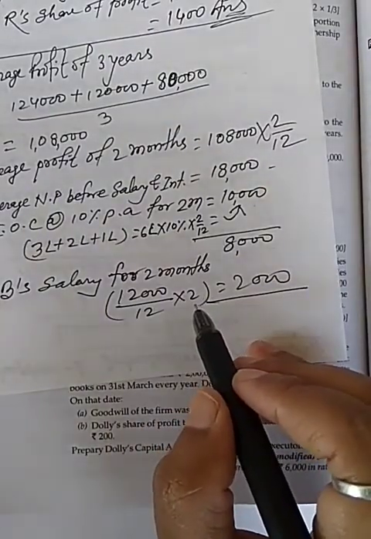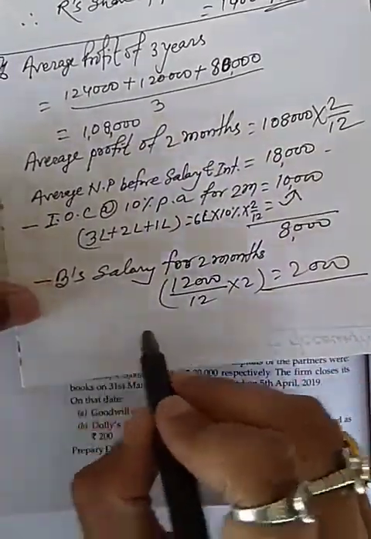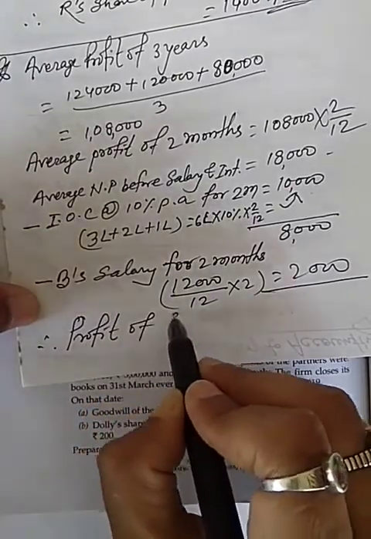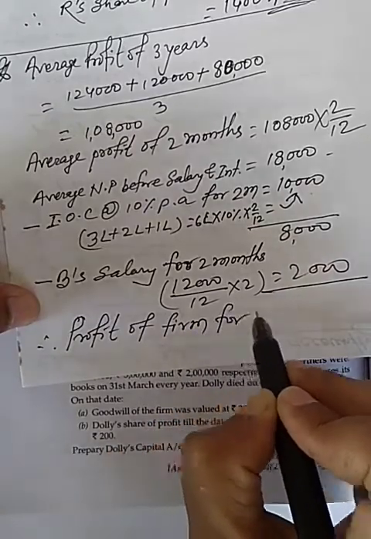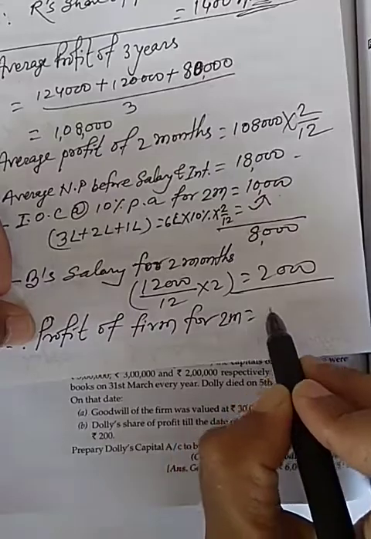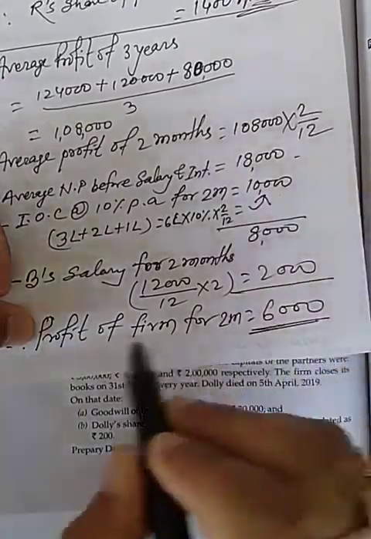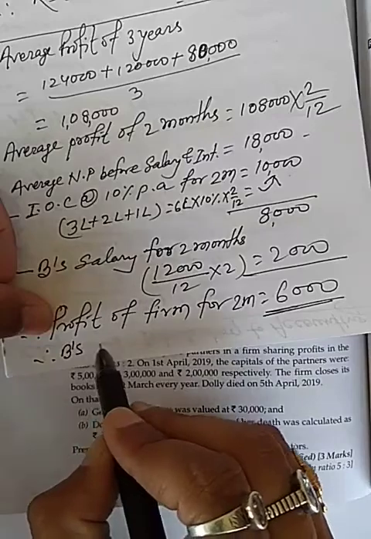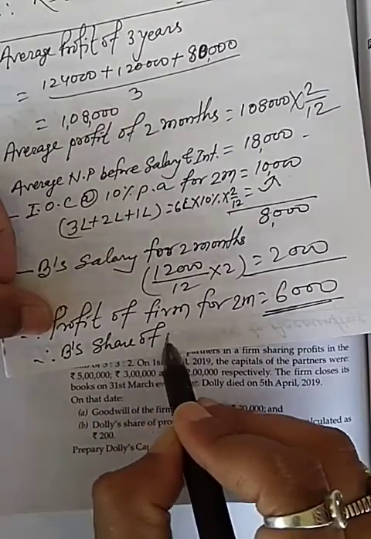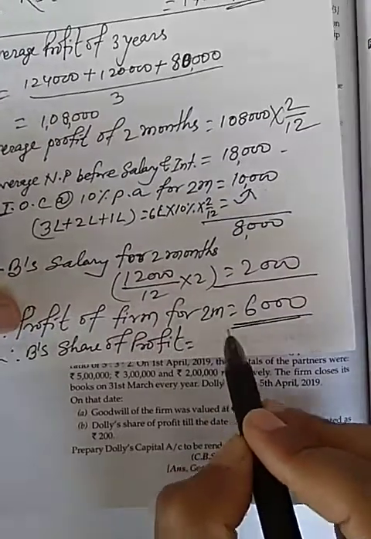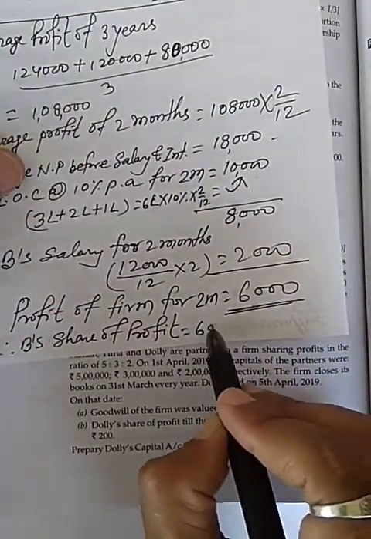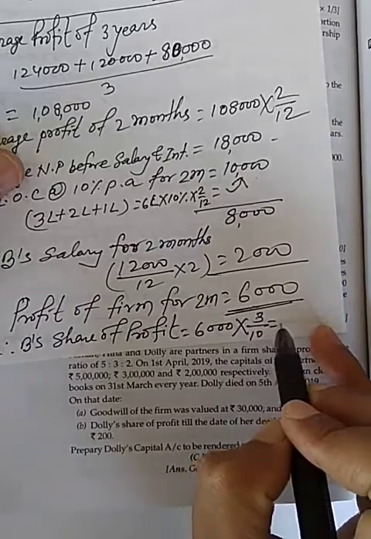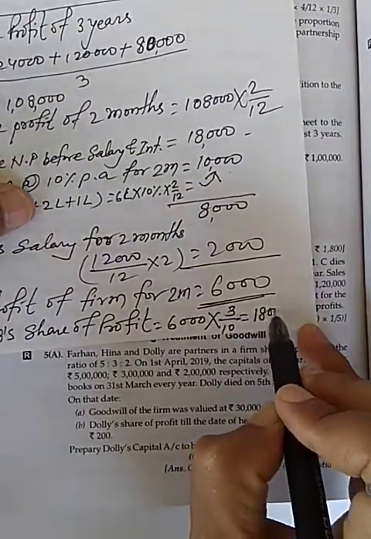Then the profit of the firm for 2 months will be 6,000, and therefore B's share of profit will be 6,000 into 3 by 10 equal to 1,800. Answer.